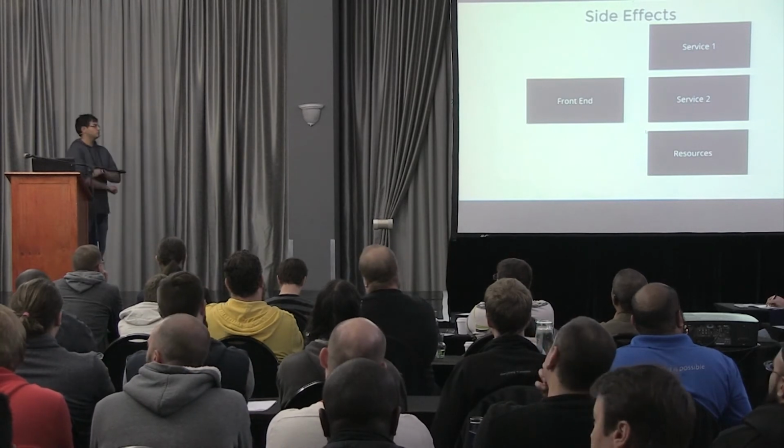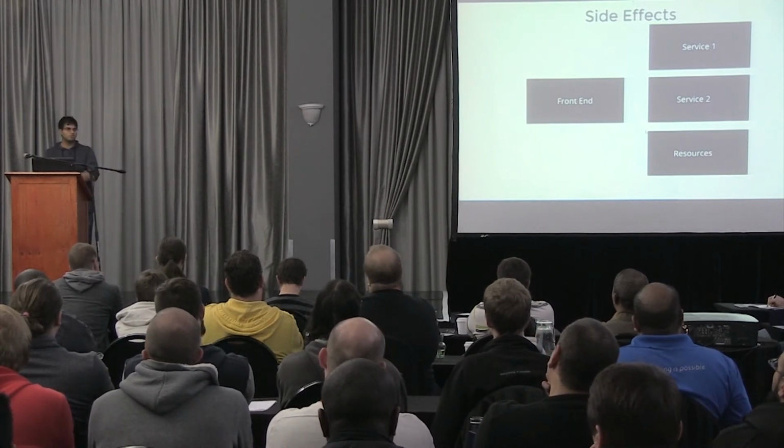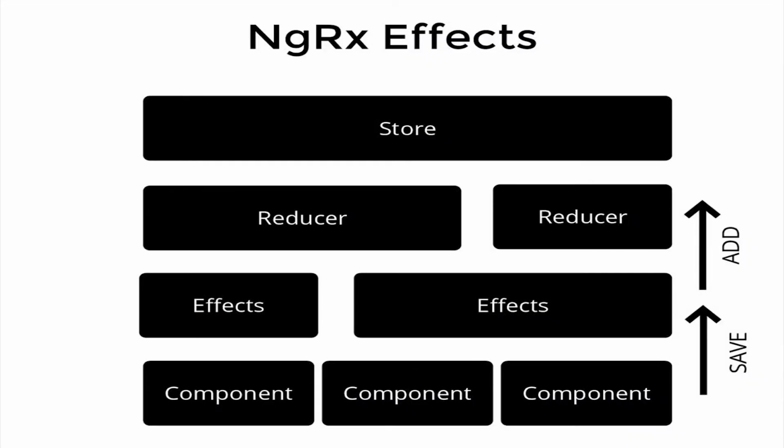Traditionally, in your view component itself, you could call those various services using HTTP for a web service, get the response, and then pass the data on to your reducer. But if you want to introduce a bit of separation of concern, you can bring the effects in as a separate layer.